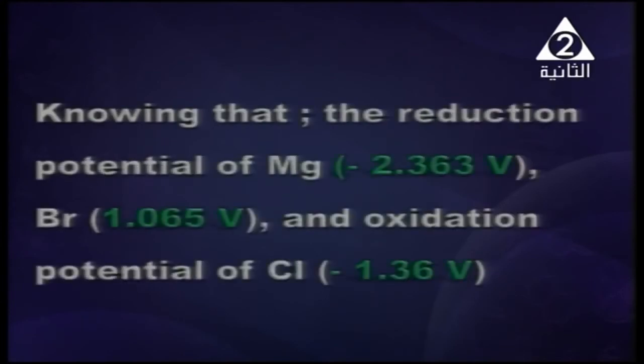You can calculate the EMF by knowing that the reduction potential of magnesium is negative 2.363 volt, the reduction potential of bromine is 1.065 volt, and the reduction potential of chlorine equals 1.36 volt.